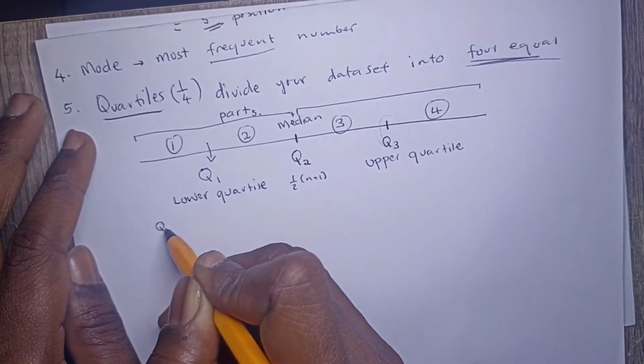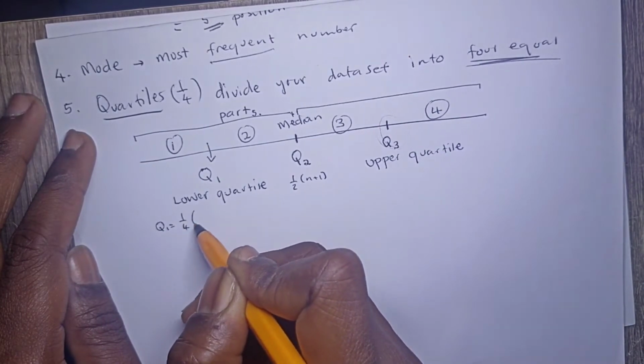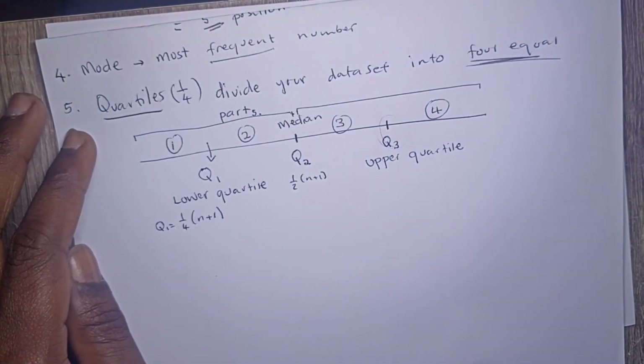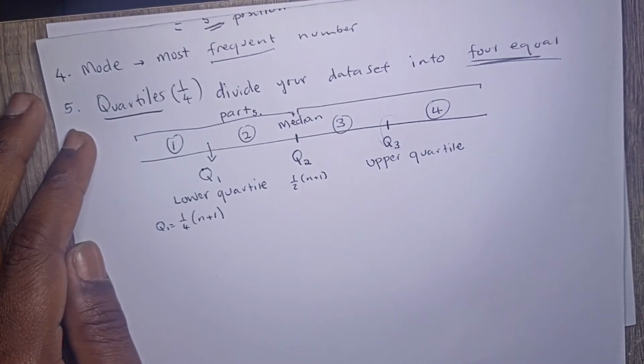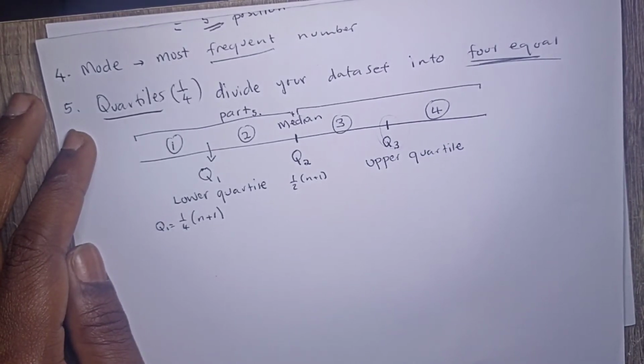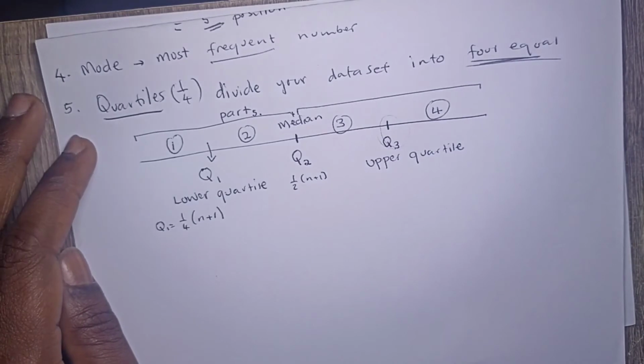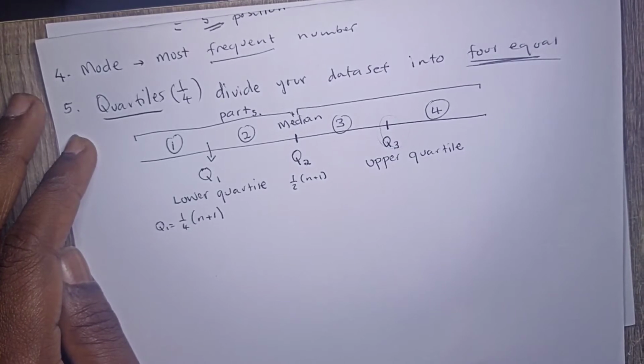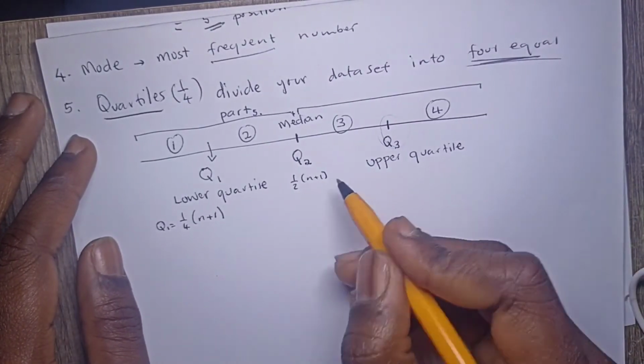When we're calculating Q1, the formula is 1/4 (n + 1). Again, this gives you the position number. It is not the value of the lower quartile, but the position number of the lower quartile.